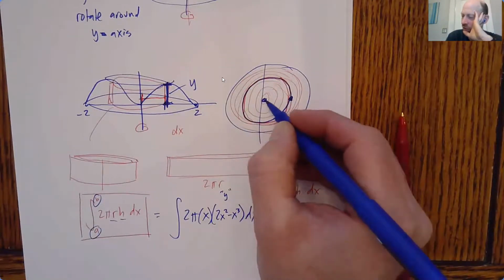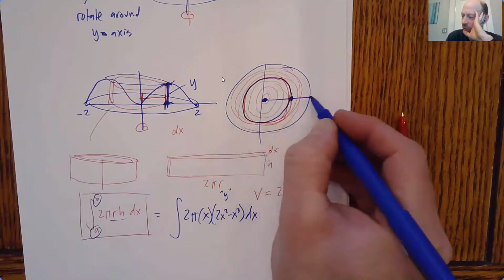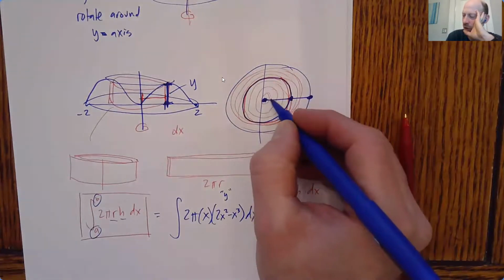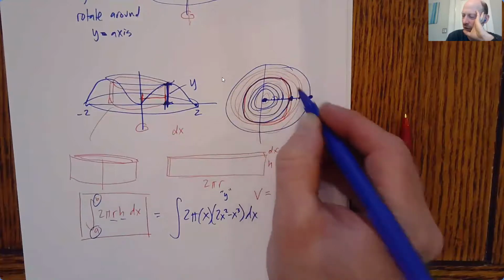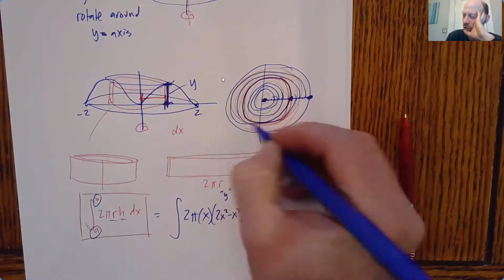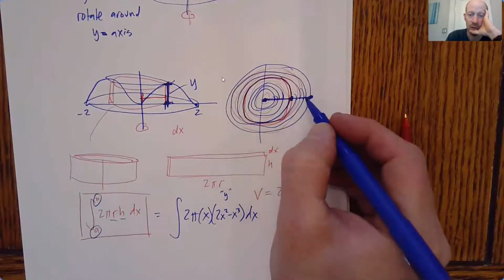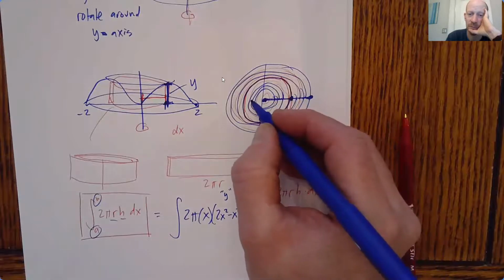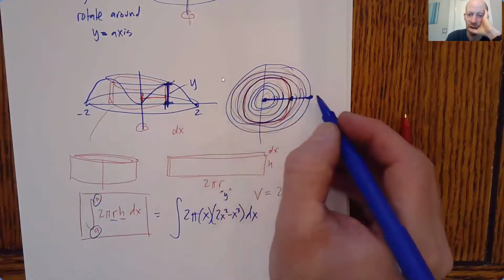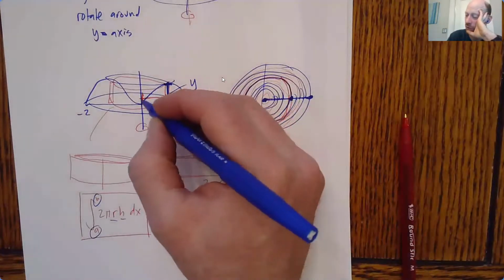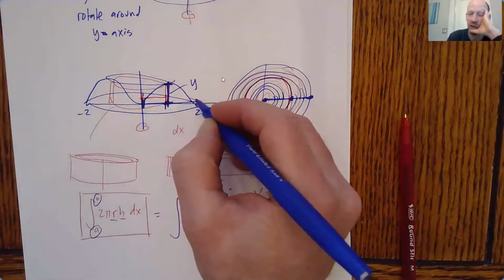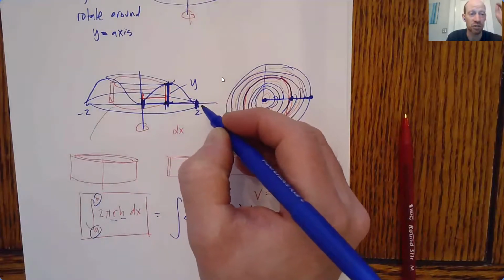As I start from the middle and move out to the edge, at each point I'm getting each of these circles, and that's going to count every circle. So I don't actually want to go from -2 to 2. That would not give me what I want. I want to go from 0 to 2. Another way of thinking about that: the bounds cover the original shape.